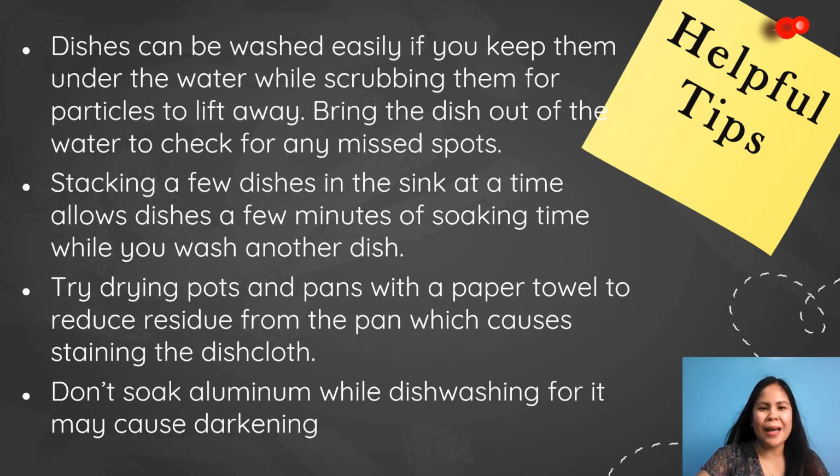Try drying pots and pans with a paper towel to reduce residue from the pan, which causes staining of the dish cloth. And don't soak aluminum while dishwashing, for it may cause darkening. Dishwashing silverware can be tricky, so you may use a lint-free cloth for drying silverware.